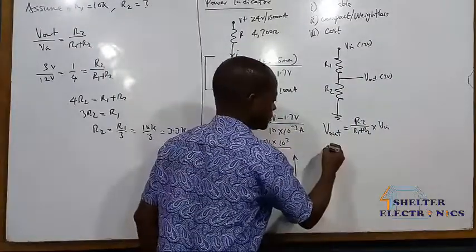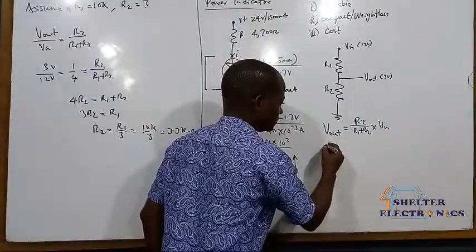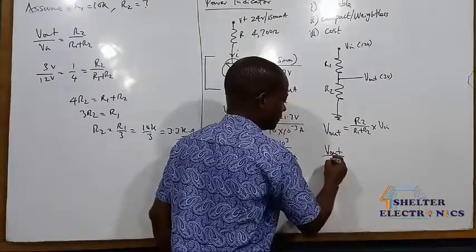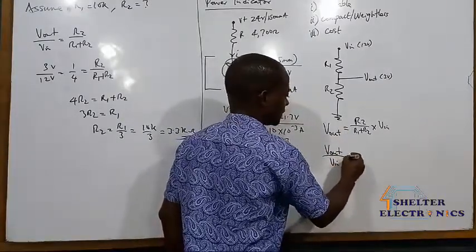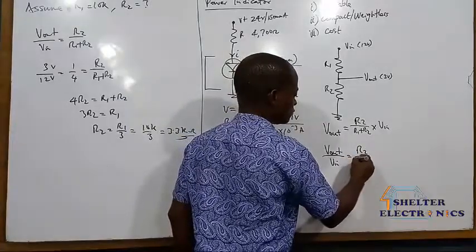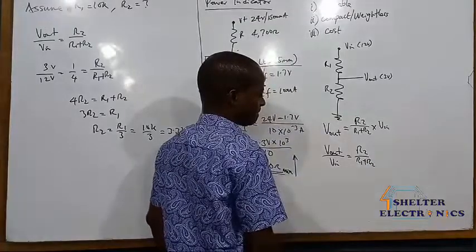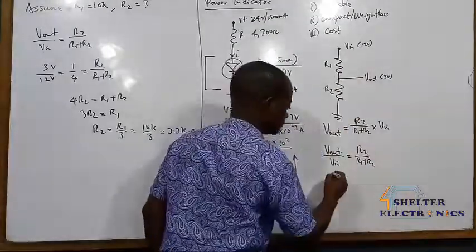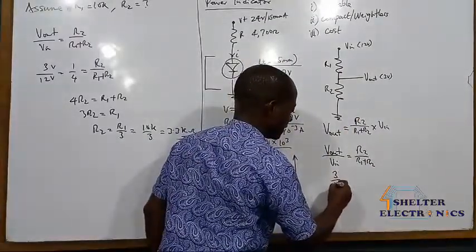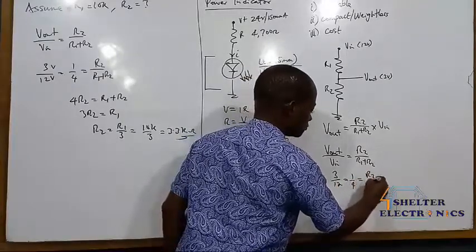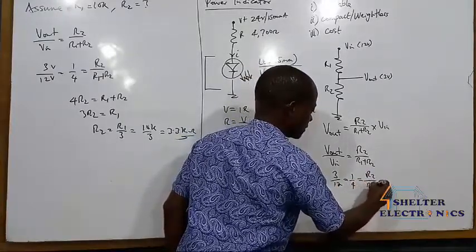In that case, we can have Vout divided by Vin equal to R2 over R1 plus R2. We can then put the values, where we have 3 divided by 12, which gives us 1 divided by 4, equal to R2 over R1 plus R2.